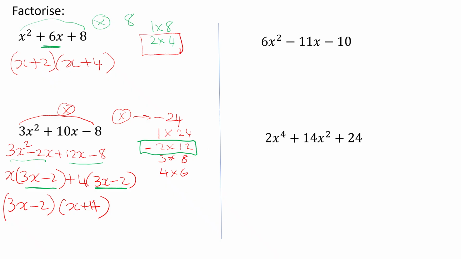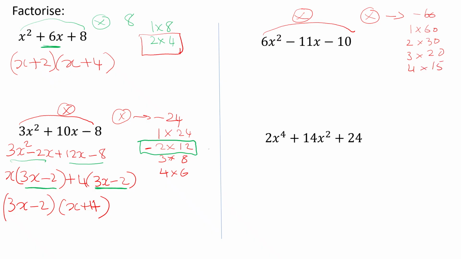6x squared minus 11x minus 10. You multiply two numbers to get negative 60. The factors of 60: 1 times 60, 2 times 30, 3 times 20, 4 times 15.